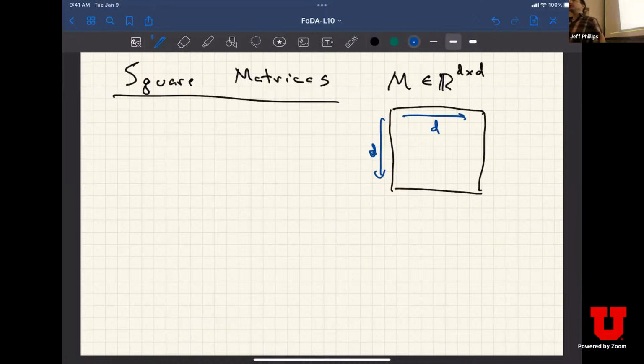Square matrices usually come up as an intermediate step inside of the analysis. These are constructed, not directly observations of data, and that infers on them some special properties. So we're going to talk about special properties that these matrices can have.